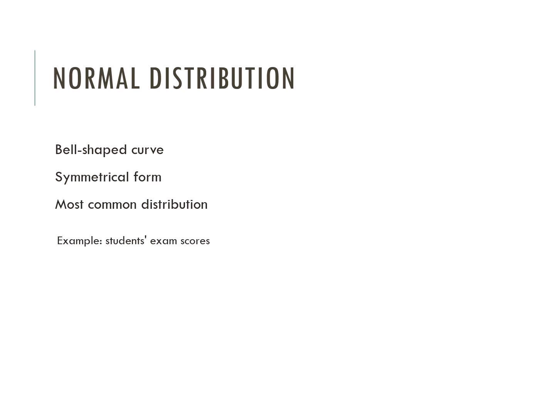Most values are close to the mean. Extreme values are rare. Many real life data follow this distribution, such as exam scores or heights. For example, students' exam scores.